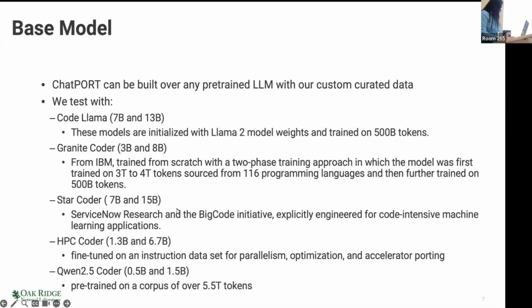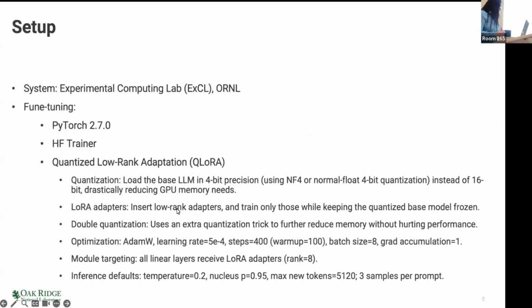A quick note about the setup. There are too many details here, but I just wanted to keep it there for people who might be interested. We're using PyTorch and the Hugging Face trainer. A trainer basically does the data handling, model optimization, resource management, and evaluation and logging.